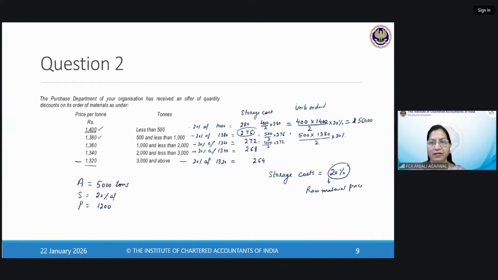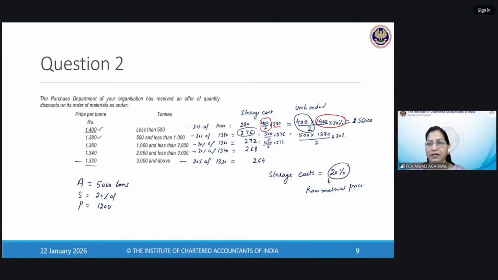Alternatively, instead of calculating the 20% on raw material price separately and then applying the storage cost per unit per year to the average units held, I could have straight away done it, so this part is same as this. This corresponds. Instead of 280, what I have done? 1400 into 20%, raw material price into 20%.